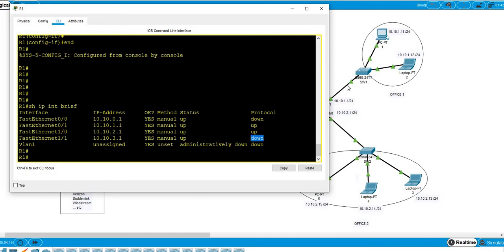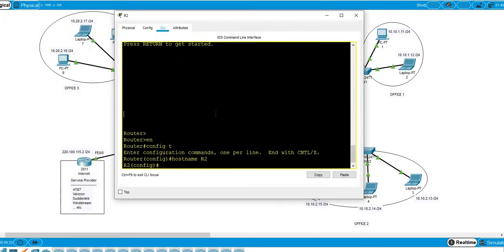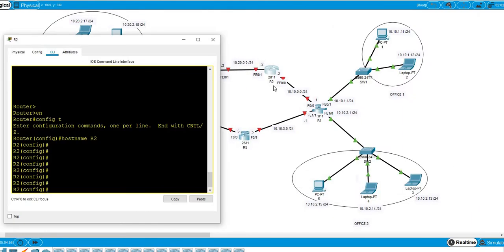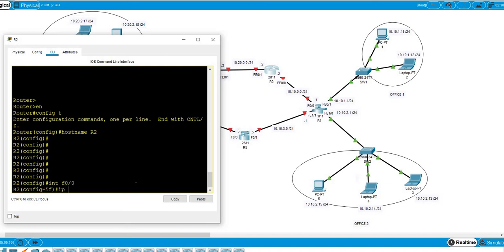Okay, good. Back on router 2. Router 2 has 2 interfaces, one facing towards R3 and the other one facing towards R1. So interface fast Ethernet 0/0 is facing towards R1.